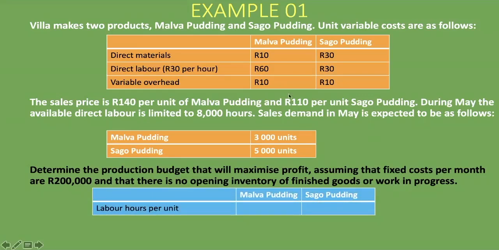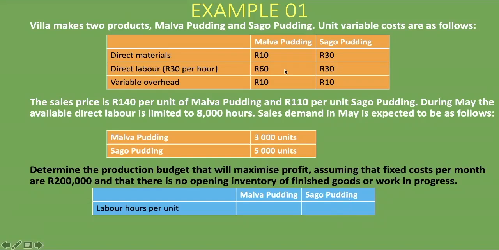Firstly, we are told that the direct labor is 30 Rand per hour, and Malva pudding needs 60 Rand of direct labor for each unit, and Sago pudding uses 30 Rand of direct labor for each unit. Now we need to determine how many labor hours Malva pudding needs and how many labor hours Sago pudding needs.